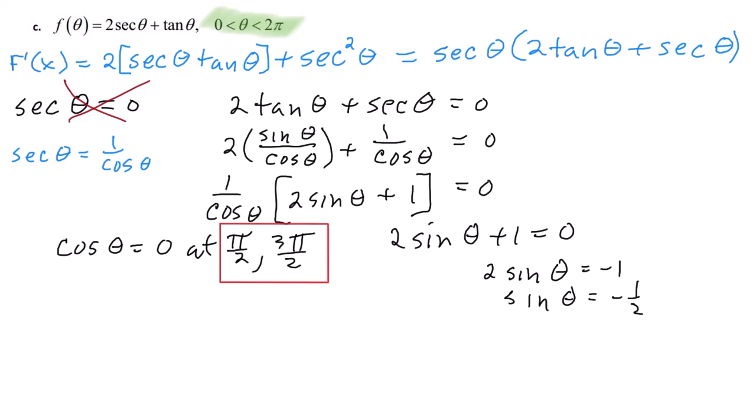Well, I know sine is positive in quadrants 1 and 2, so that means this has to be in quadrants 3 and 4. Now remember, the reference angle here is going to be what? For sine of 1/2, the reference angle is going to be pi over 6. So in quadrant 3, that corresponds to 7 pi over 6. And in quadrant 4, 11 pi over 6.